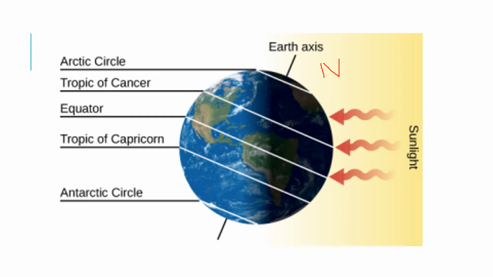It appears about 23 degrees north of the equator, and thus, on that date, it passes through the zenith of places on Earth that are 23 degrees north latitude.